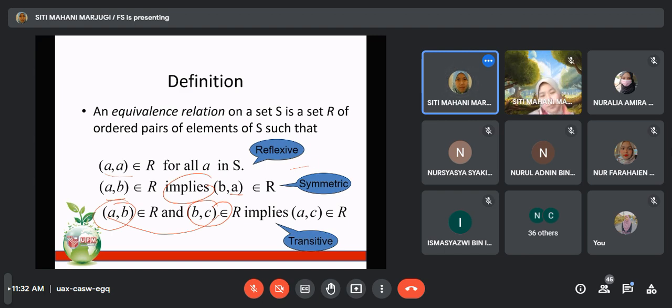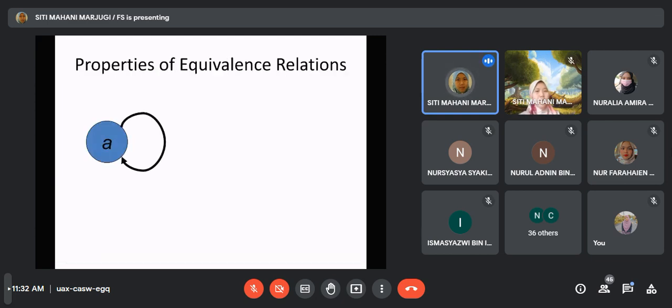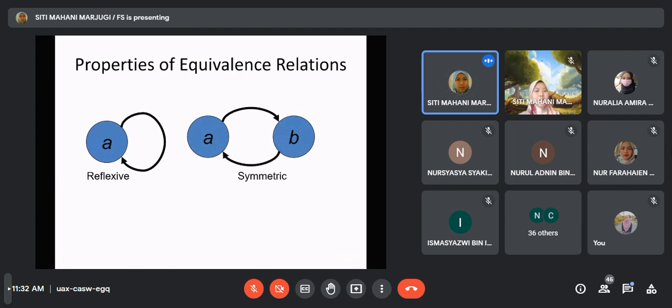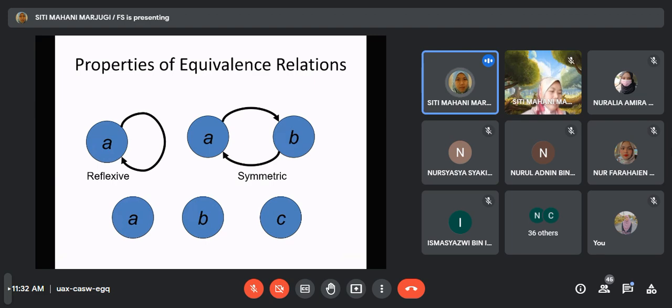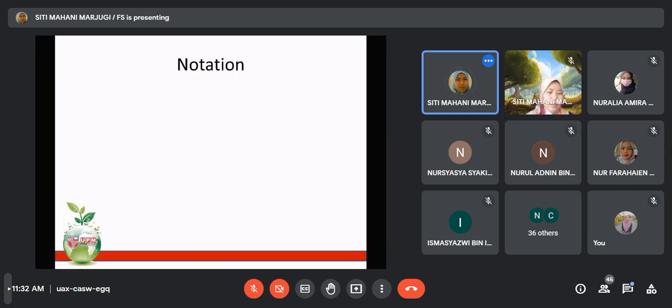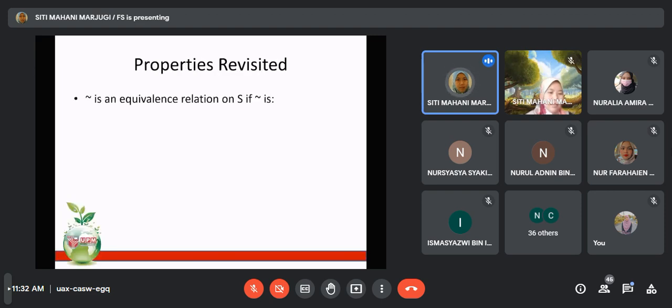So this gives transitive. In the figure I gave before, this is reflexive, this is symmetric, and this is transitive. It is just repeated.